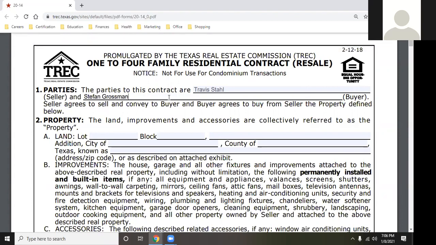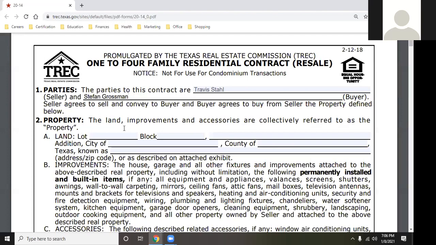Mr. Grossman is the one purchasing the property, so he's the one drafting this contract. Mr. Stahl has no idea what's going on, because this is completely an offer. We're just drafting a contract.